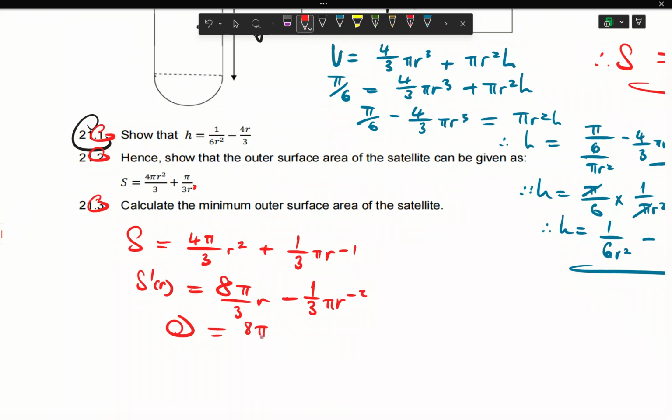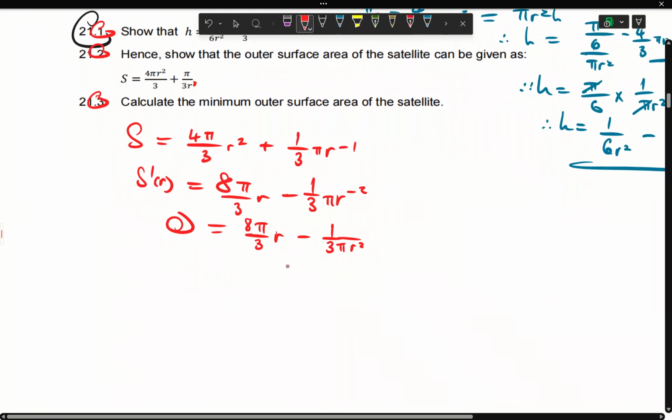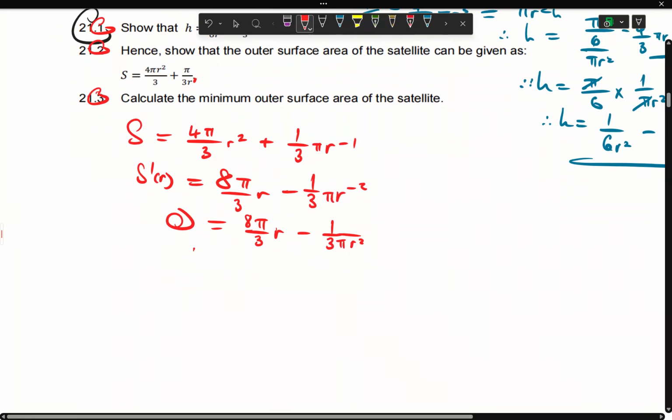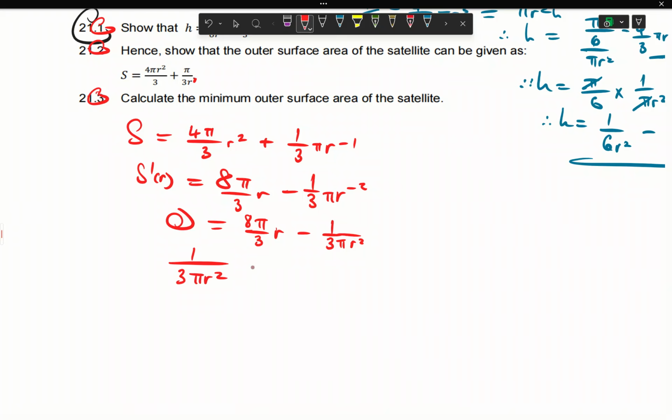So this is 8 pi all over 3 r minus 1 all over 3 pi r squared. I just took that back. So we can take the one which is negative to the left. So now you'll have 1 all over 3 pi r squared equals 8 pi all over 3 r there.